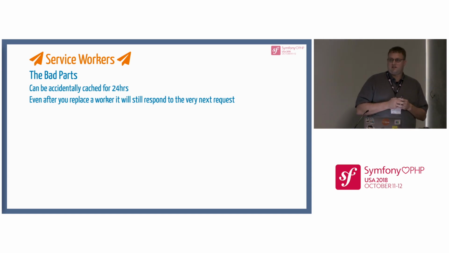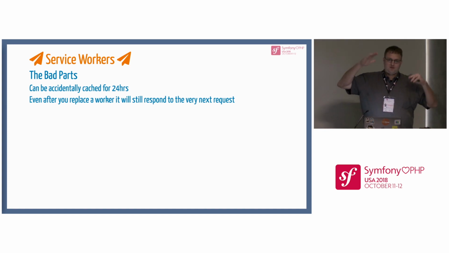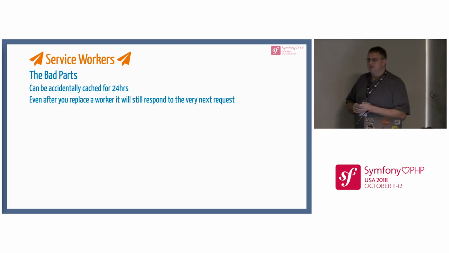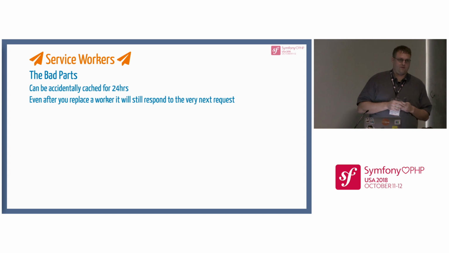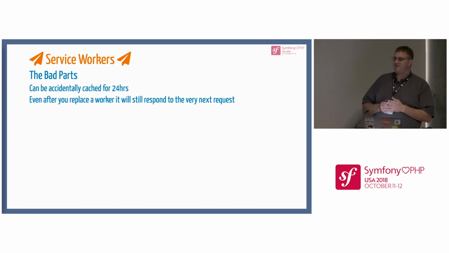For instance, we accidentally hid that huzzah banner of ours behind another banner, so you couldn't click it and get the updated app, which meant for 24 hours there was no way for a user to get the new application that we'd served them because it was hidden behind. It wasn't a huge deal, but it is something to pay attention to. You just want to make sure that you understand the life cycle of service workers, that they're always going to sort of live on and be sitting there waiting to bite you.